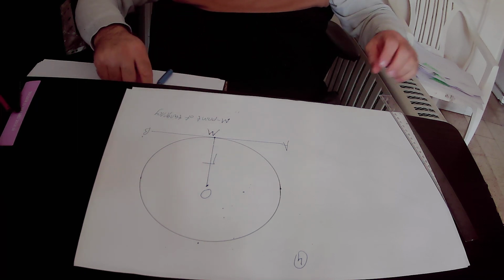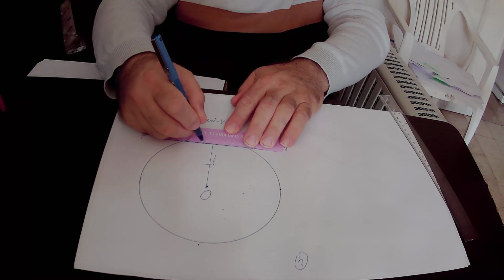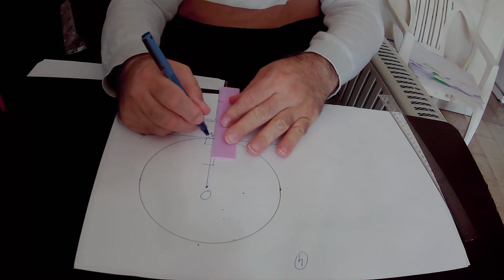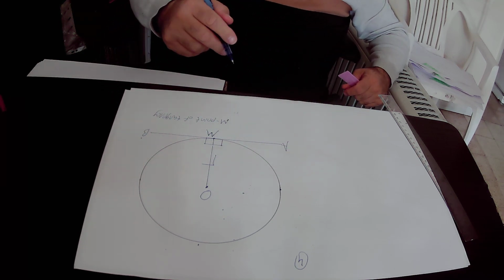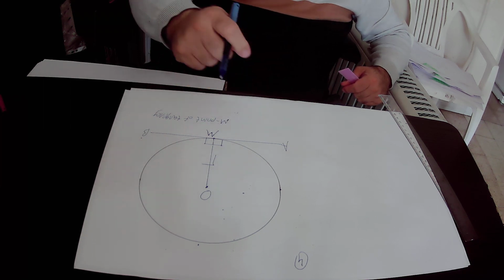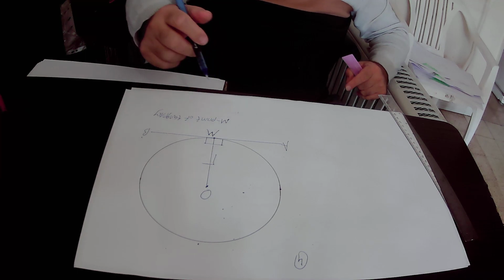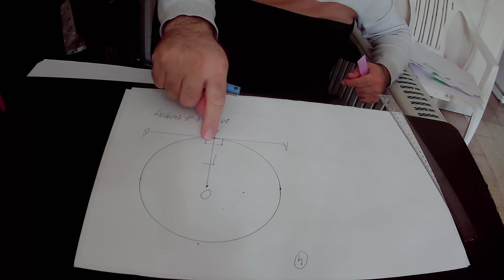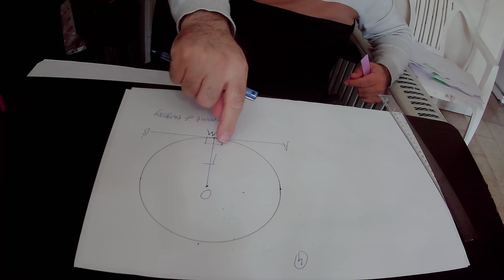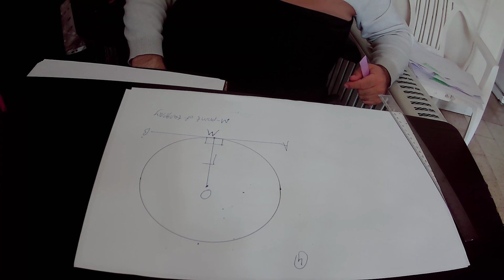That is to say, this angle equals 90 degrees and this angle also equals 90 degrees. Whenever you have a radius drawn to the point of tangency, the tangent will be perpendicular to it. Okay, so that is the meaning of rule number 2.